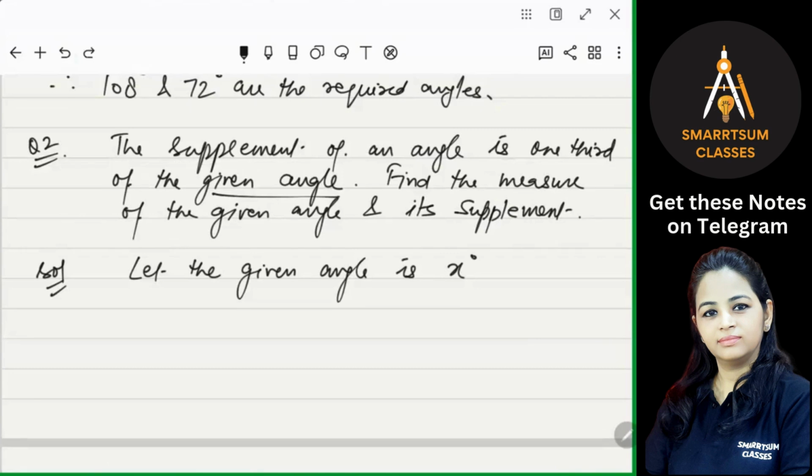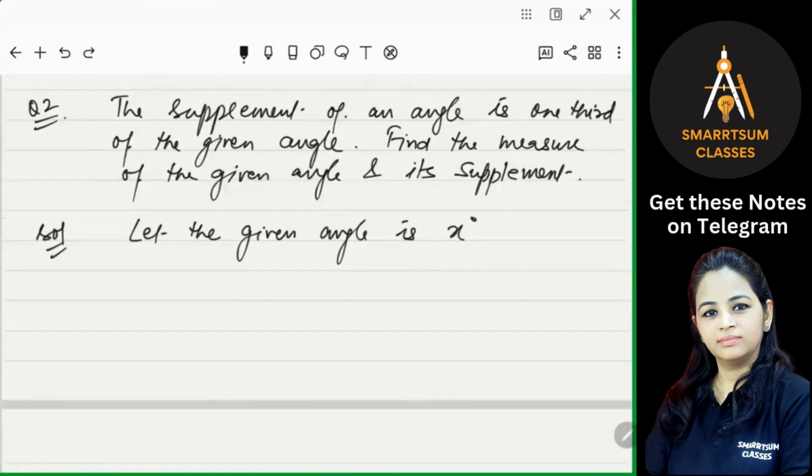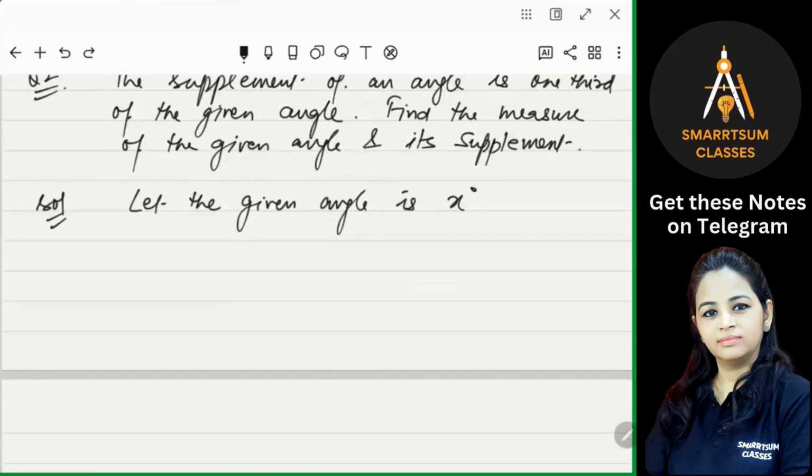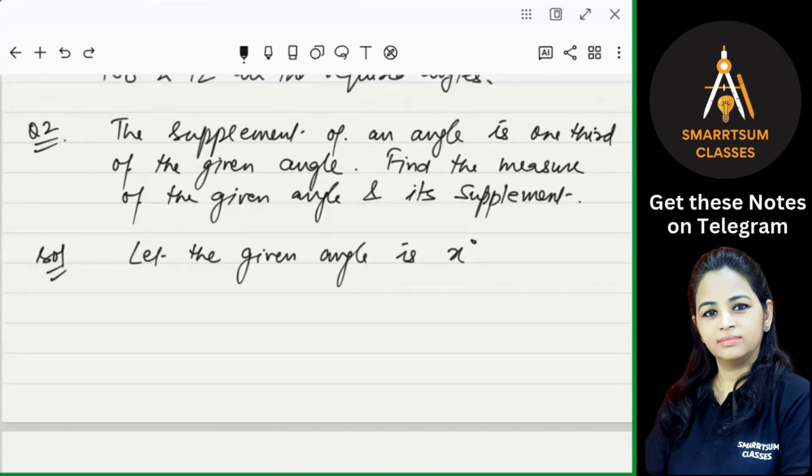So what equation can we form? Since they are supplementary angles, can we write that the other angle will be 180 degrees minus x? Yes or no? Getting that? 180 degrees minus x will be the other angle, since their sum has to be 180 degrees, right?